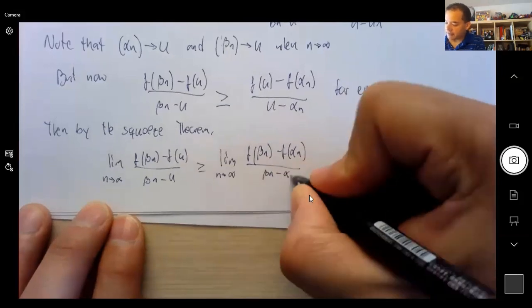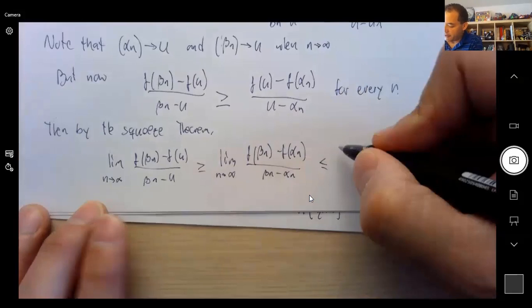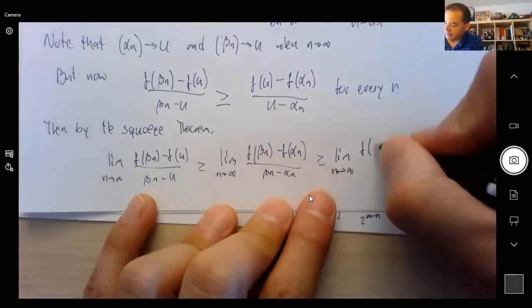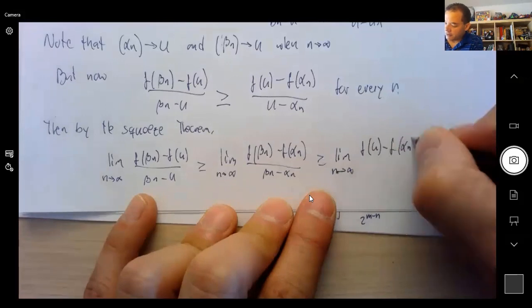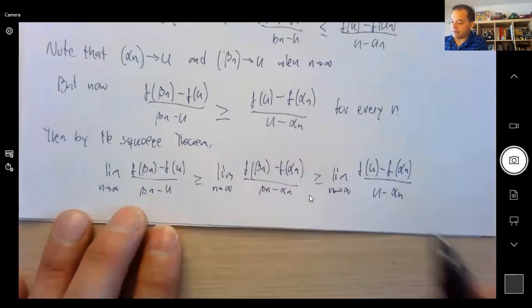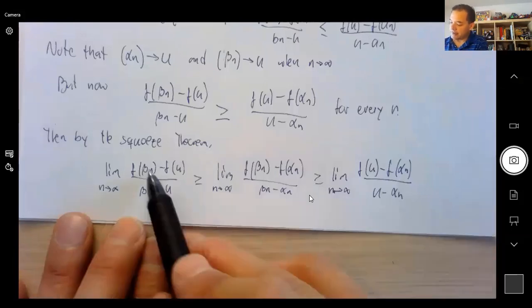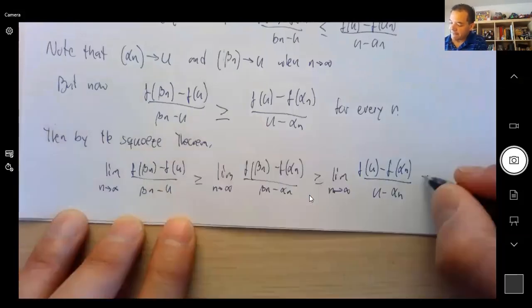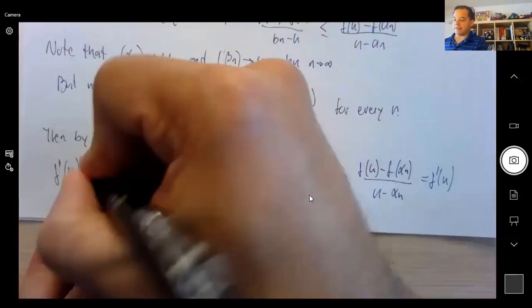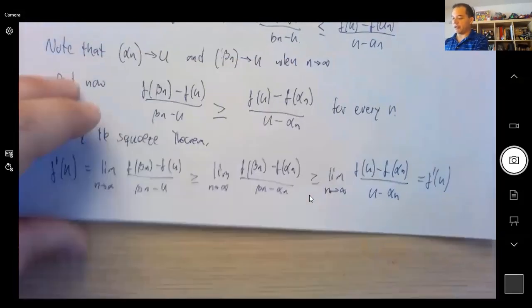And this is in turn greater than or equal to f of u minus f of alpha n over u minus alpha n. Now, I told you that these sequences both go to u, so this is f prime of u. And this is also f prime of u, which means the middle one is f prime of u, just as we wanted, right?